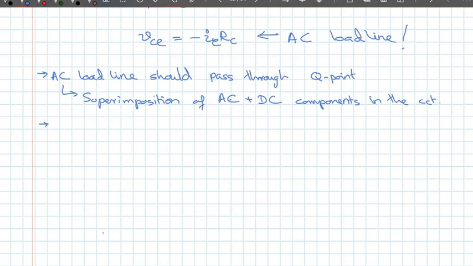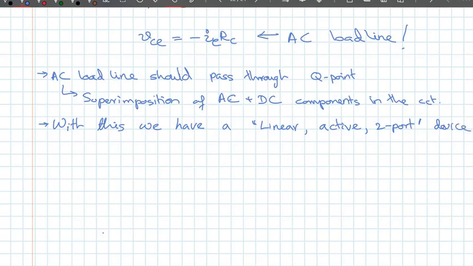Now what do we have? We obtained a linear circuit, or linear model, for the BJT under certain conditions. We said small signals, when vbe is less than 10 millivolts. Under such conditions, this BJT acts as a linear active two-port device. Active because it is powered by an external battery VCC.